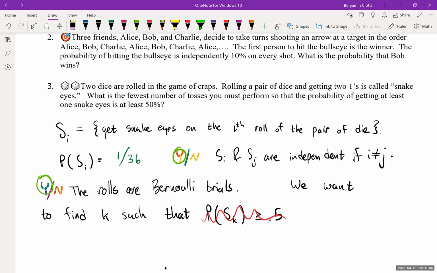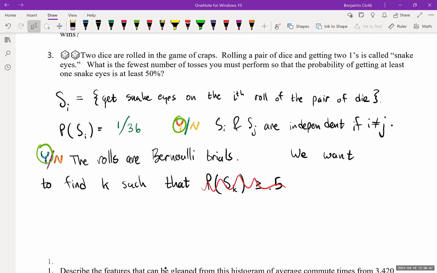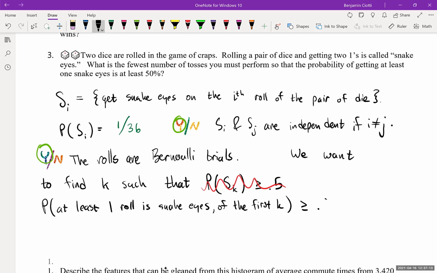What we want is to find K such that the probability that at least one roll is snake eyes of the first K of them is greater than or equal to 0.5. That's 1 minus the probability that none of the first K rolls are snake eyes.